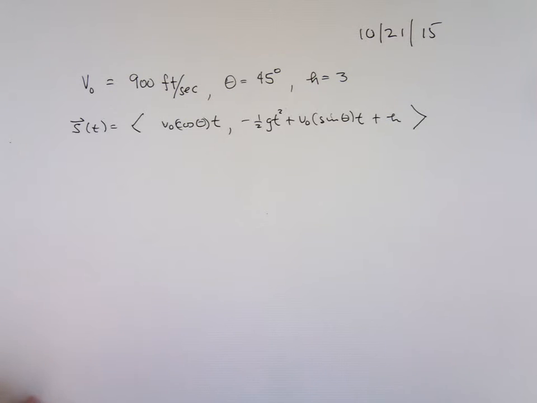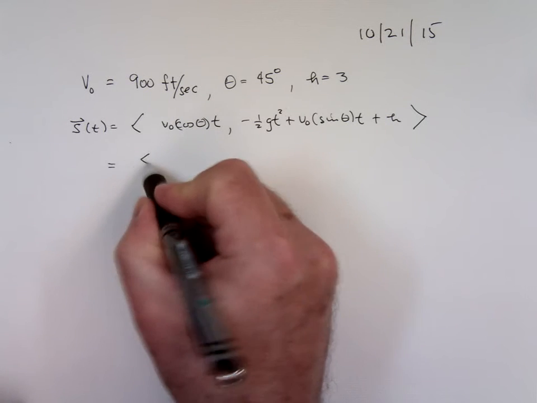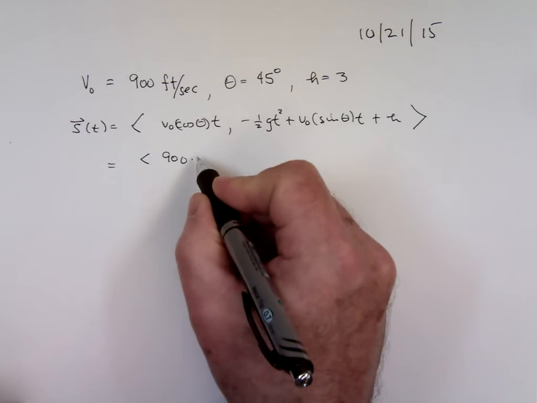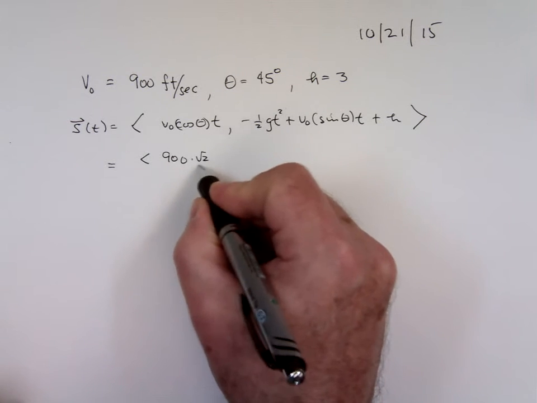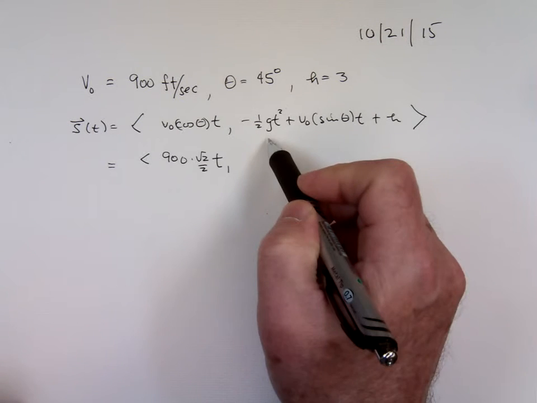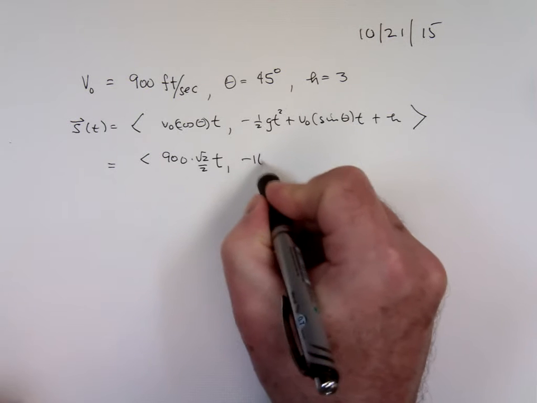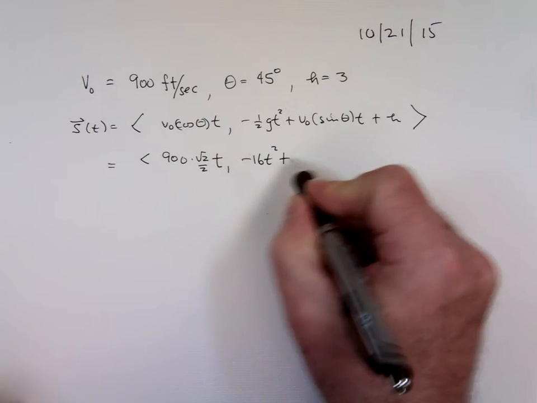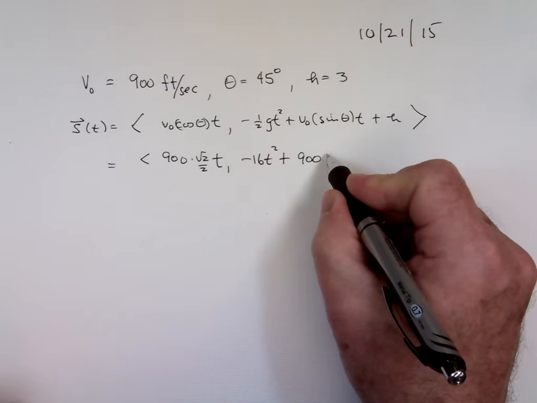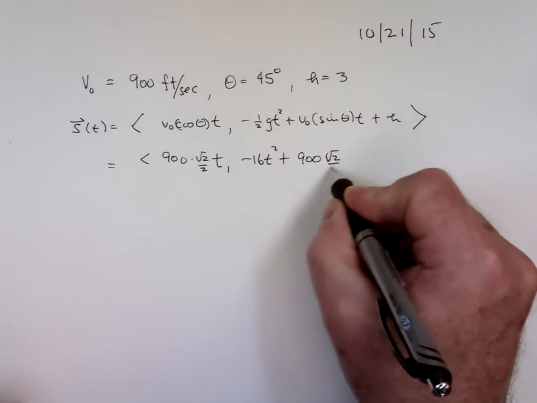Now, the initial conditions are such that v sub naught is 900. The cosine of 45 is 1 over the square root of 2, or square root of 2 over 2. We're going to use feet per second, so the g would be 32. V sub naught is 900, like we said. The sine is square root of 2 over 2.